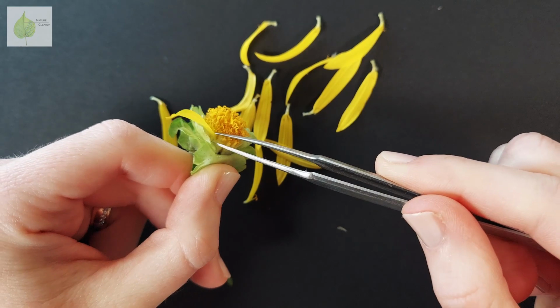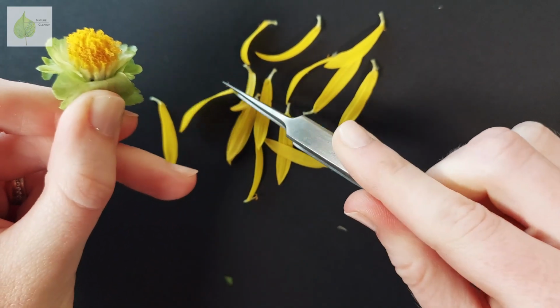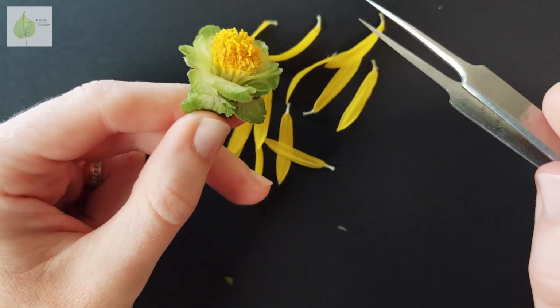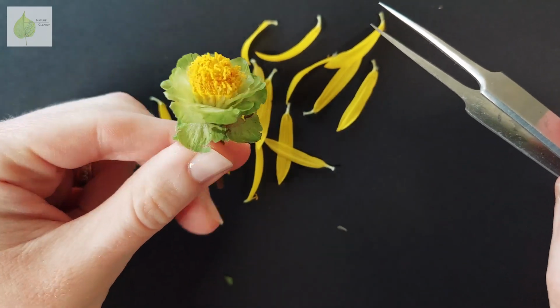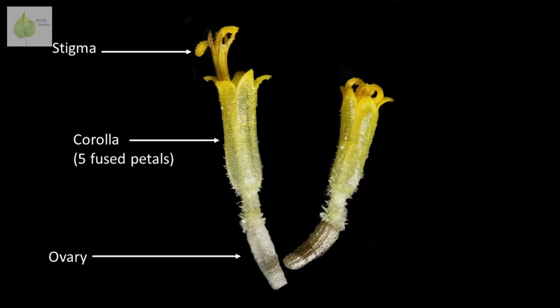So after I pulled off all the ray flowers from this Venegasia flower head, all that's left is the center composed of many disc flowers. Each one of these tiny structures is one complete flower. Looking closely, you can see its corolla consisting of fused petals, the stigma that's sticking out, and on the very bottom there's an ovary.